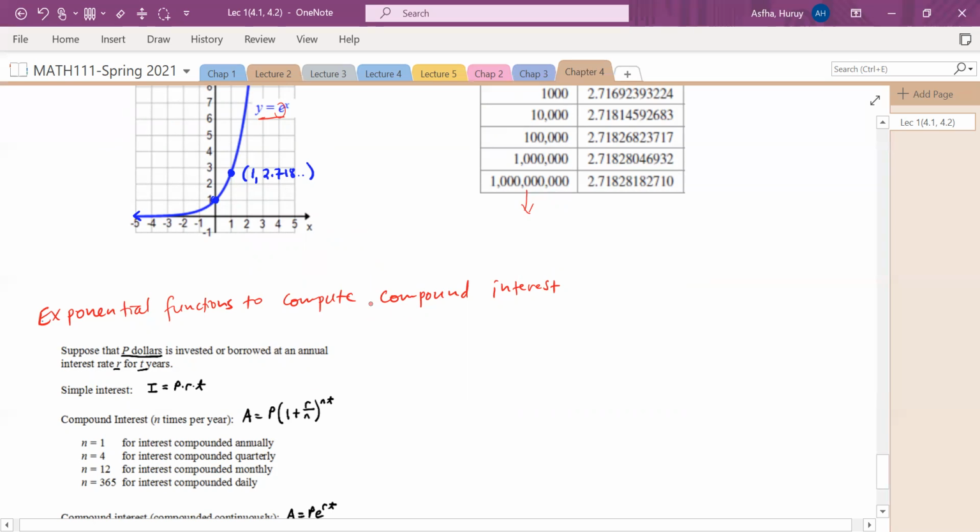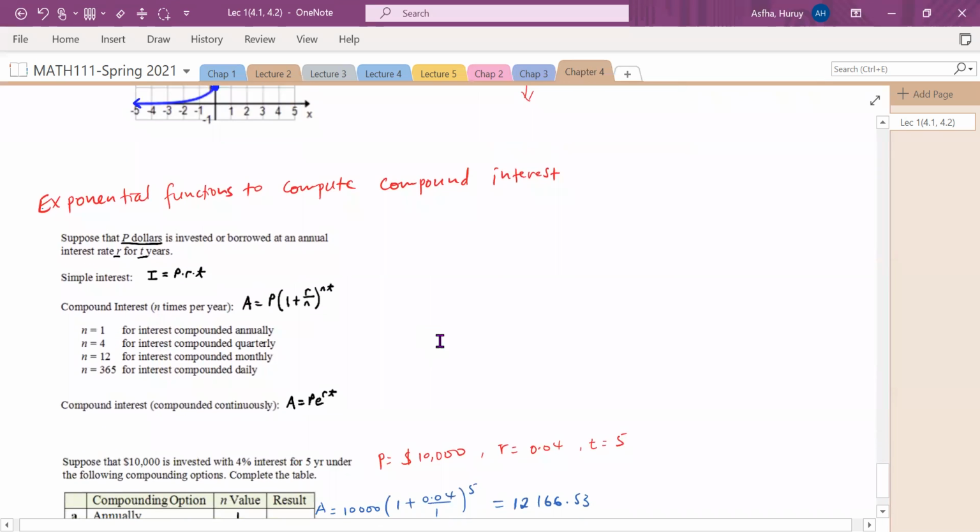Okay, and to explain this, let's consider, suppose that P dollars is invested or borrowed at an annual interest rate of R for T years. Now the simple interest I is given by this formula: I equals P times R times T.